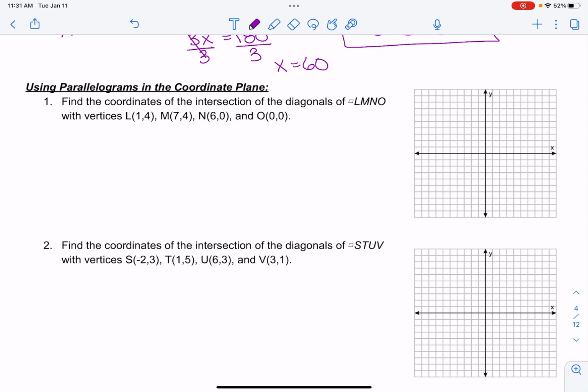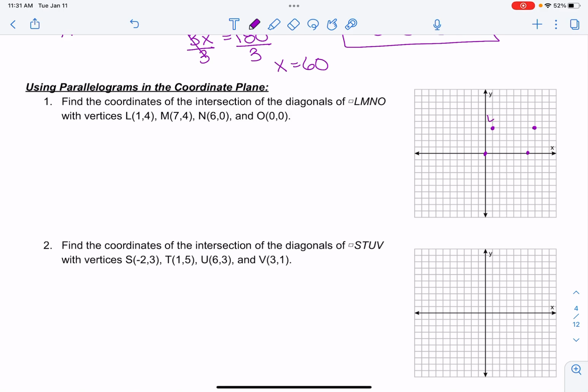So the first thing we want to do is plot those 4 points to actually make our shape. So we have (1, 4), (7, 4), (6, 0), and (0, 0).